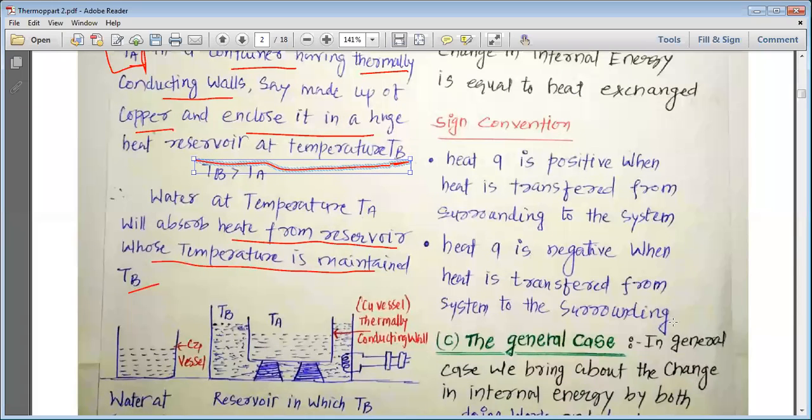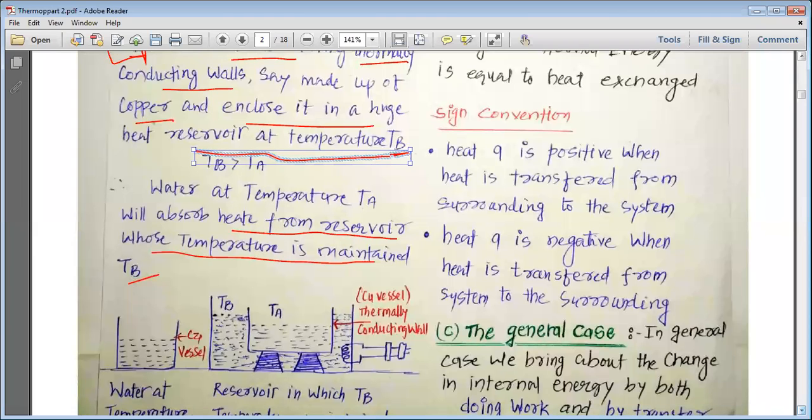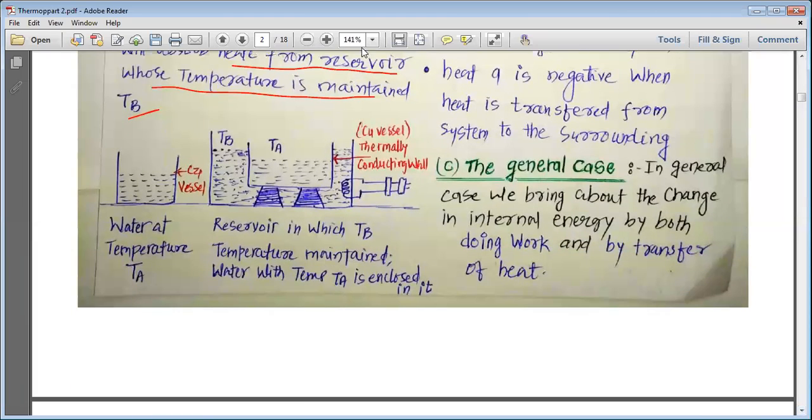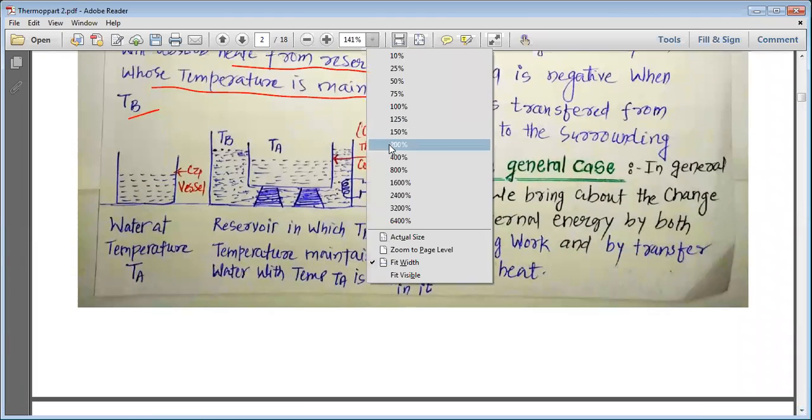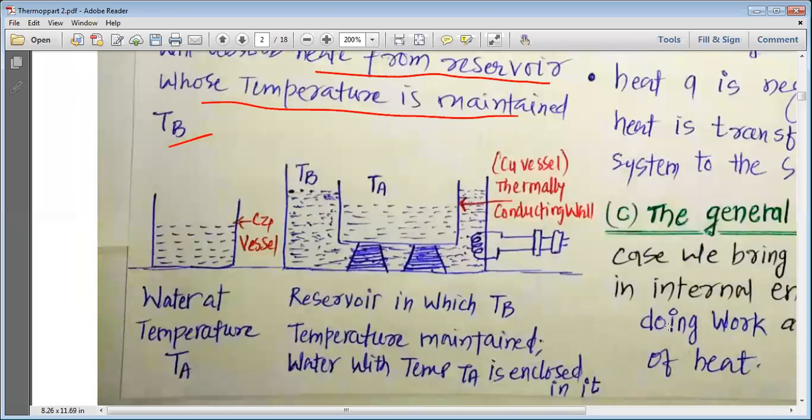Now you can understand the same with this figure, my dear students, so that you will get a better idea. Please pay attention to this figure. You can see that we have water at temperature TA. This water is placed into a copper vessel, which is a conducting material. This vessel is kept in another water reservoir.